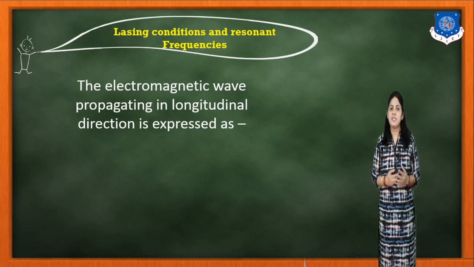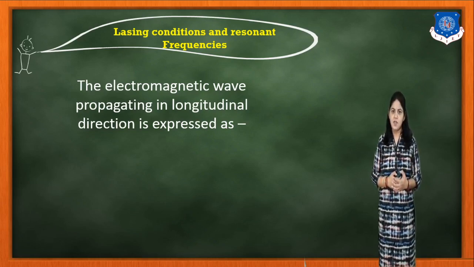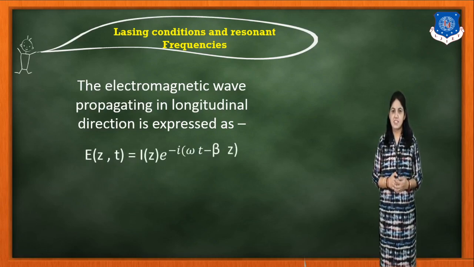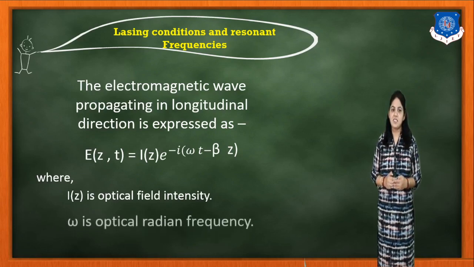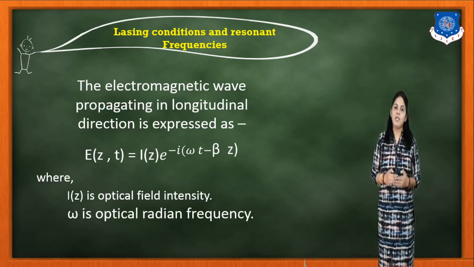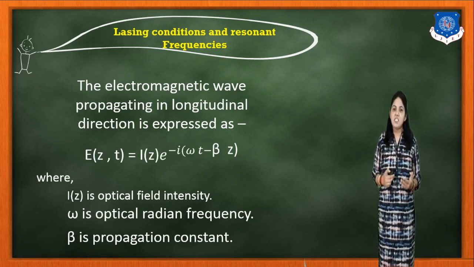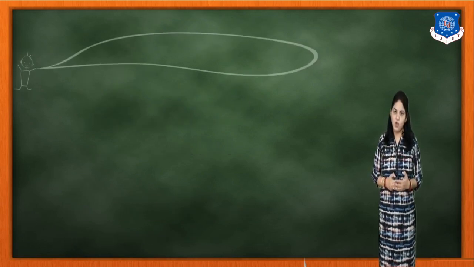Now the electromagnetic wave which is propagating in the longitudinal direction can be expressed as E(z,t) = I(z) e^(-j(ωt - βz)), where I(z) is the optical field intensity, ω is the optical radian frequency, and β is the propagation constant.